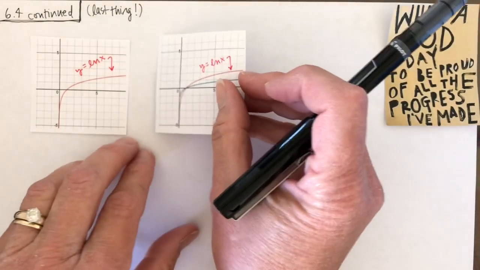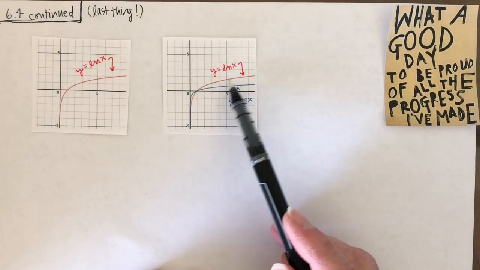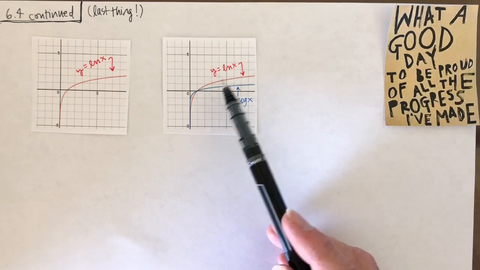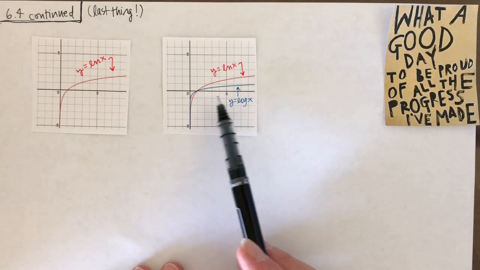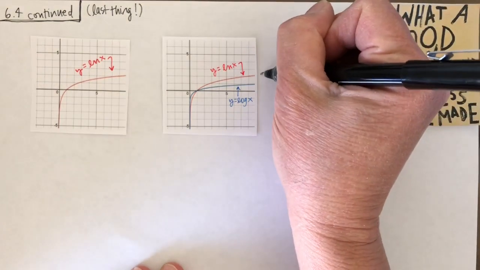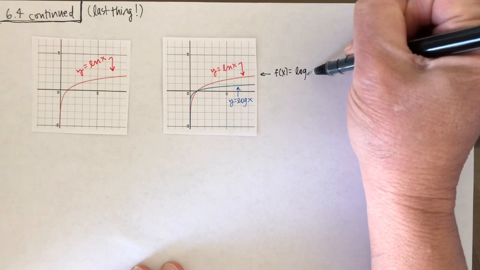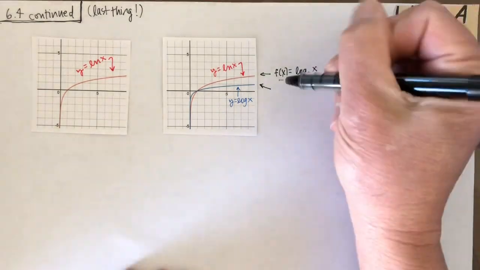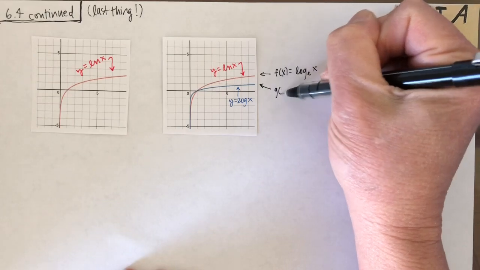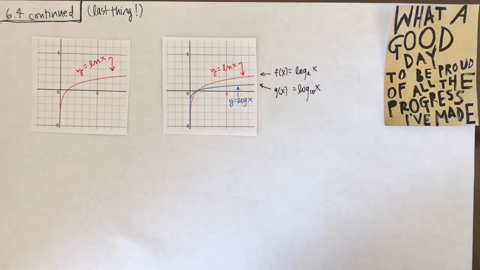Just to compare, here we have the natural logarithmic function in red, and this is log to the base 10. So again, this is like f of x equals log to the base e of x, and then this blue one would be like the function log to the base 10 of x.